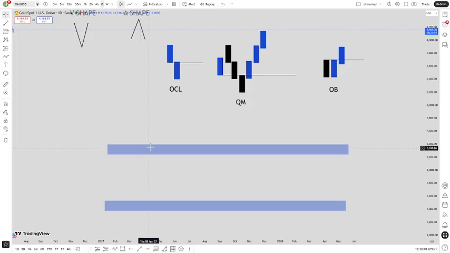Let's say price creates this move and goes to our resistance zone. We're expecting price to hold, but what does price do? Price broke this resistance zone. The moment price breaks this resistance zone, it turns into a support zone, and price comes back to retest this support zone.